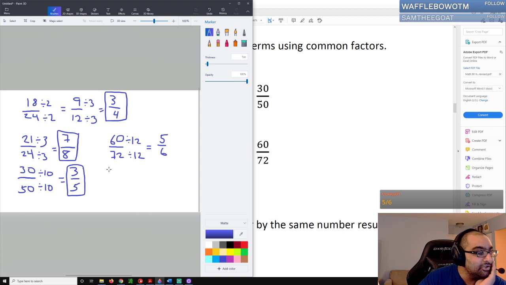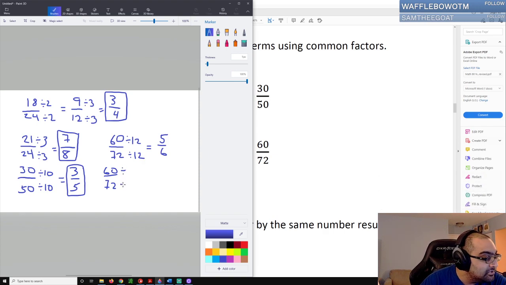Now I'll show off the alternative version of this. The reason is, let's say you had a tough time finding 12. Maybe that's not so easy. Both of these numbers are even, so I could pick 2. 60 divided by 2 is 30, and here I get 36.